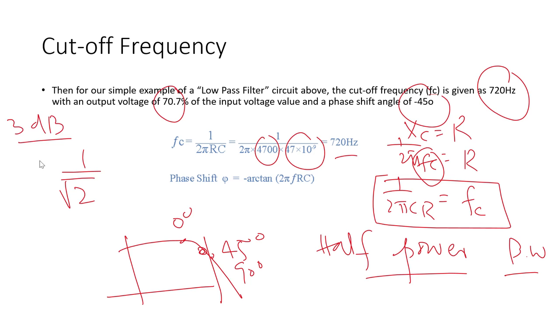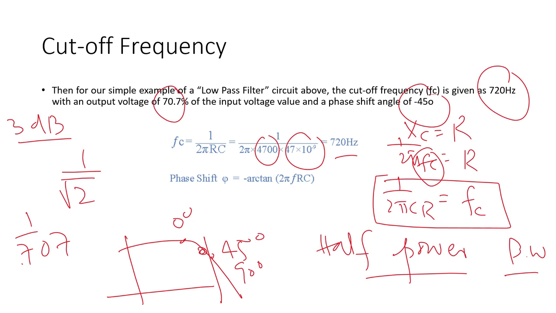So 3 dB bandwidth, half power bandwidth, or 1 over under root 2, which is 0.707, you might be familiar with it. This is what happens if we increase the frequency: the change in phase as well as voltage occurs. Check by yourself what is cutoff frequency, what is half power bandwidth, and why we use 45 degrees as our half power.